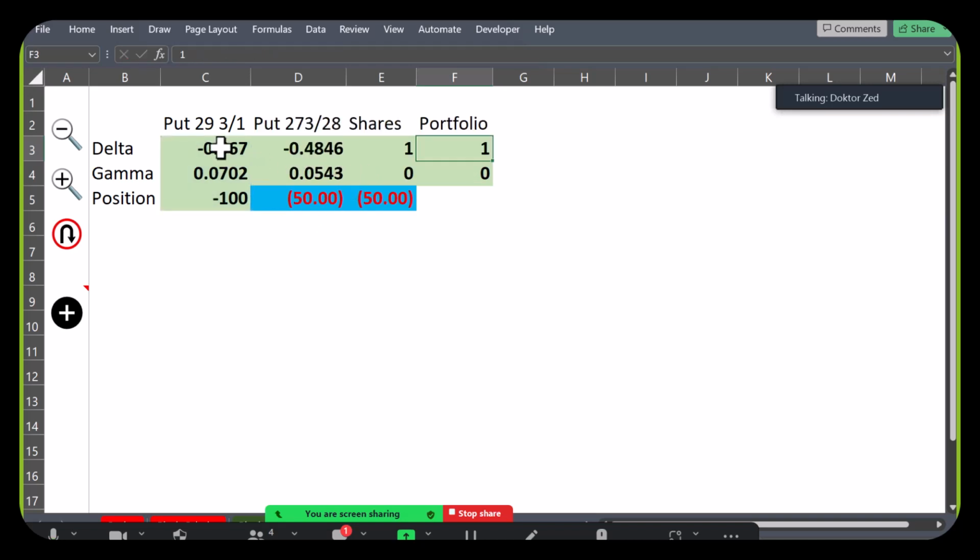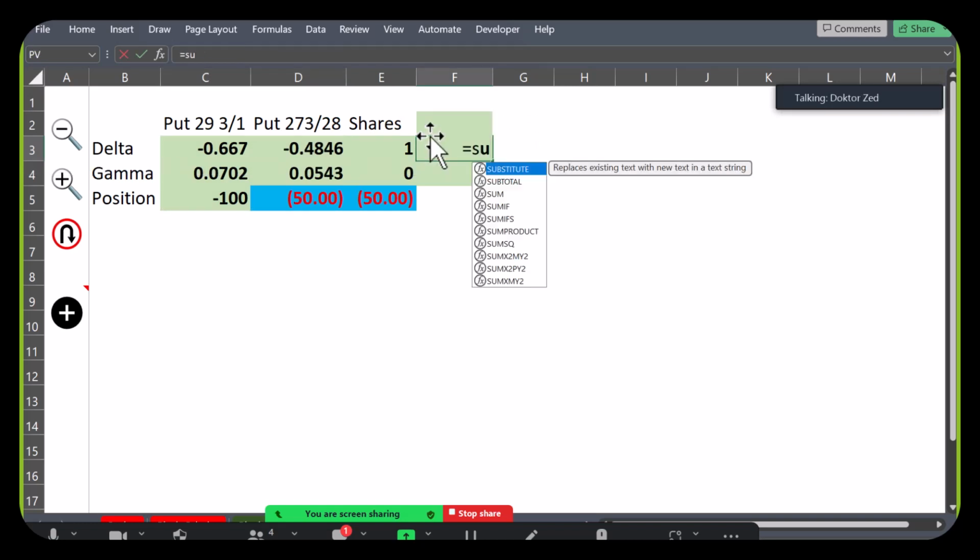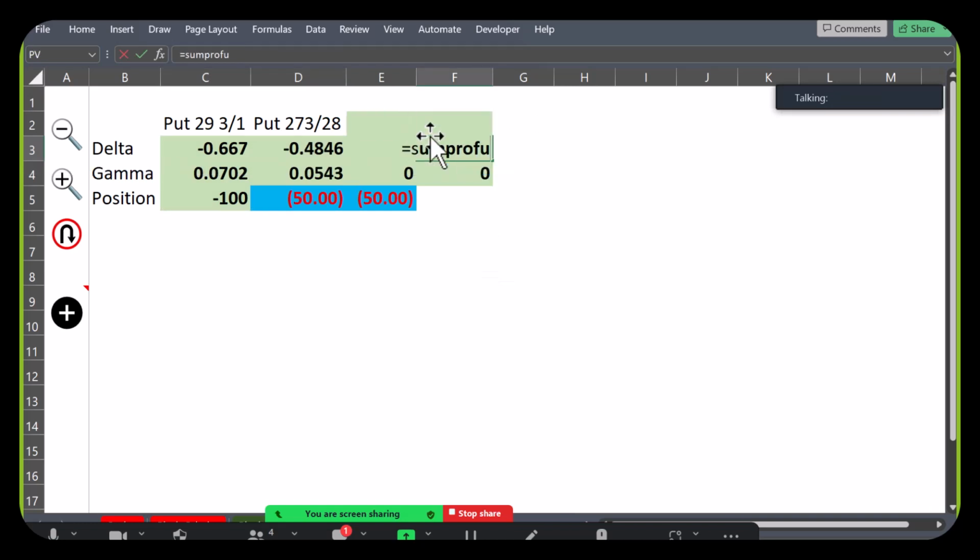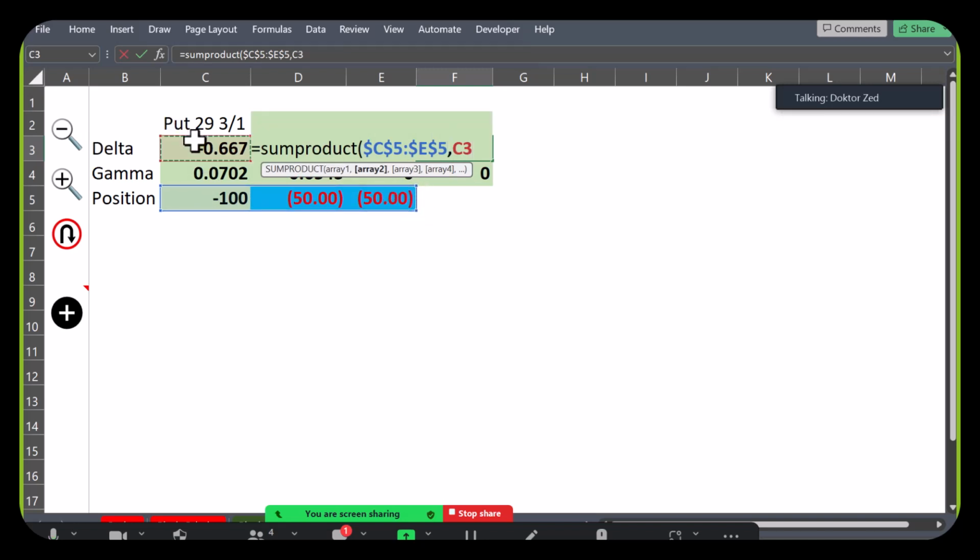Some product of the position size. I'm going to actually hit F4 and fix that. And the deltas as well.